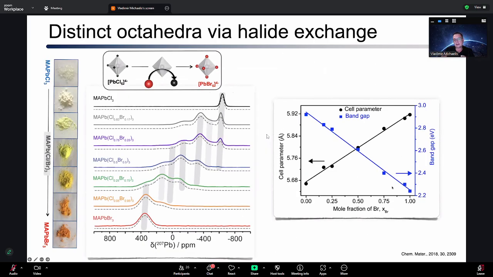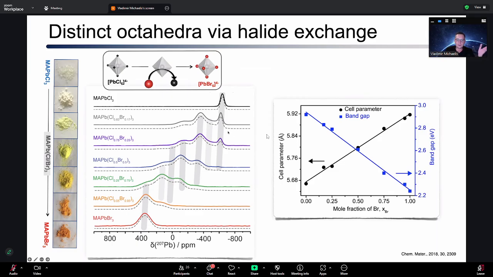Now, if we take this and we go across the whole chemical composition of a solid solution, from chlorine-rich phase to bromine-rich phase, what you actually see here is the optical band gap changing as a function of bromine concentration. You see the unit cell expansion, again, as you increase bromine. Chlorine is a smaller anion than bromine, so you would naturally expect an expansion of this.